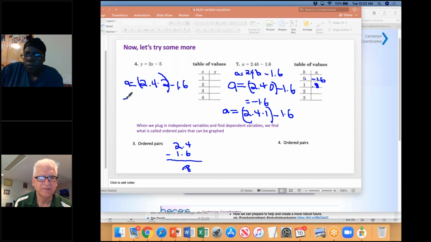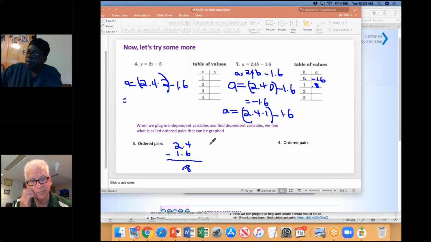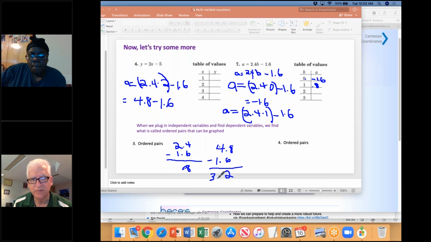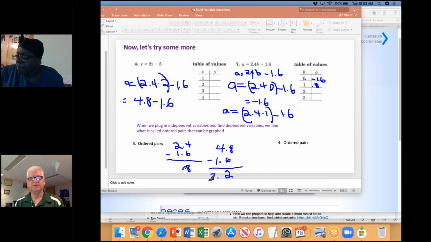So that equals 2.4 times 2 is 4.8 minus 1.6. So let's go over here and write 4.8 minus 1.6. 8 minus 6 is 2. 4 minus 1 is 3. My answer is 3.2.